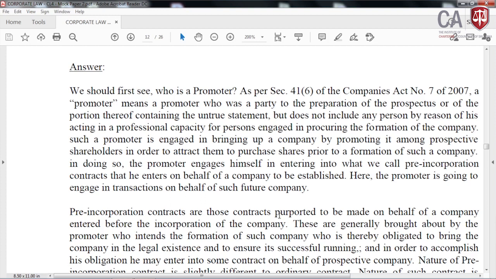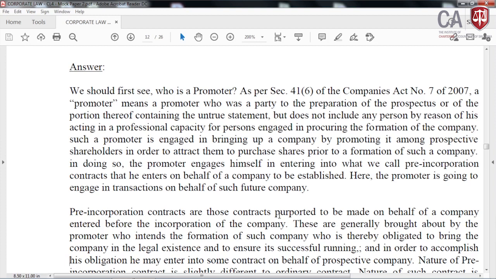But the promoter is taking a huge burden there, that he puts in the prospectus what may come out to be in the future, but which are not yet true, but does not include any person by reason of his acting in a professional capacity for persons engaged in procuring the formation of the company.